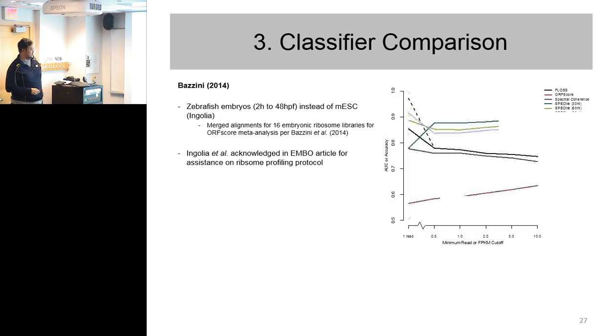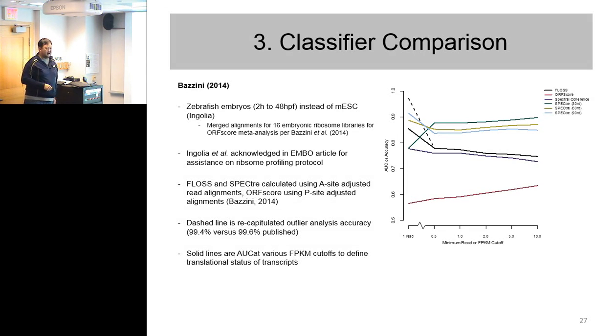This group is our collaborators of the Weissman lab and Ingolia, and again, in this mostly independent data set, we see that all three windowed approaches outperform Floss as well as ORF score. So did you try an even smaller window size? I haven't yet. Smallest is best? I haven't pushed it farther yet.